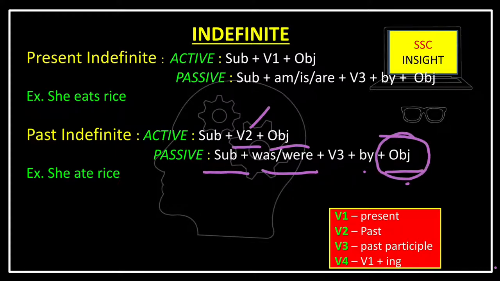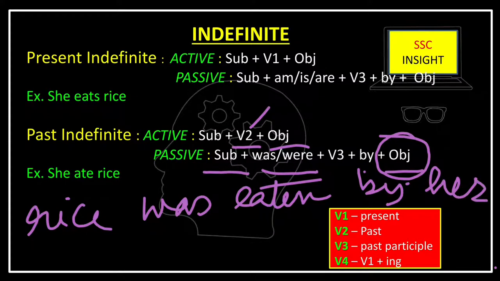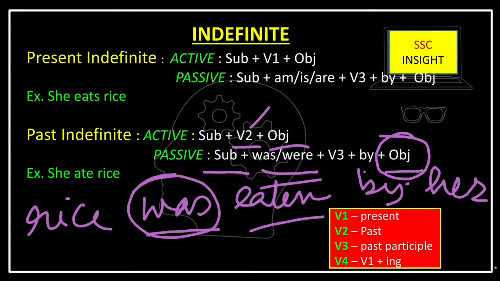The example I have given here is she ate rice, and its passive will be rice was eaten by her. Was is the auxiliary verb, eaten is the past participle of the verb eat.